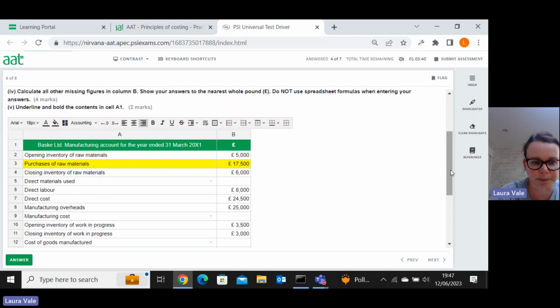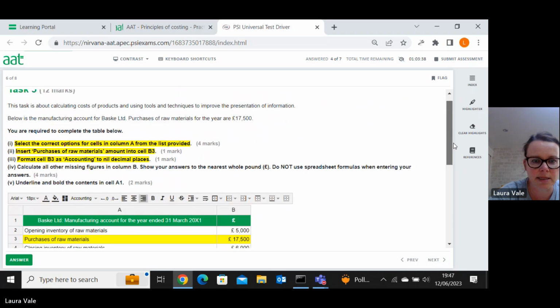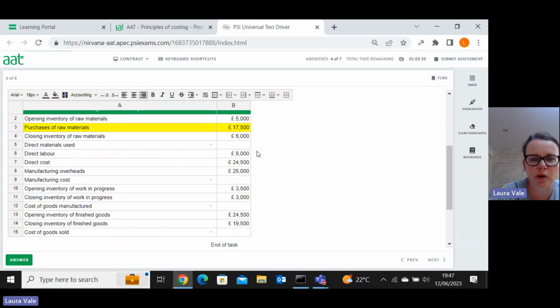Right, so direct materials used, you should know, is calculated as 5,000 plus 17,500 for the purchase of raw materials minus 6,000. So I make that 16,500. Now, if I just enter that, you can see it's actually already formatted this for me. You can see here it's in accounting, which is what it asked me to do in that previous cell. So I've dealt with that.